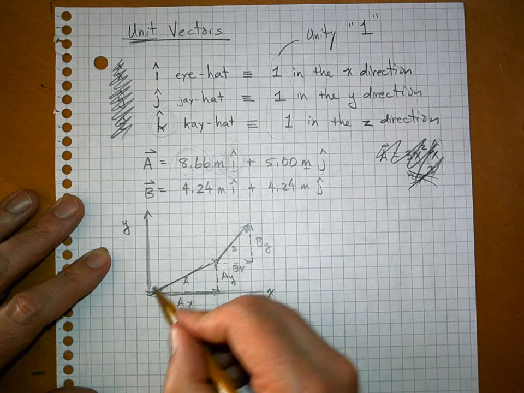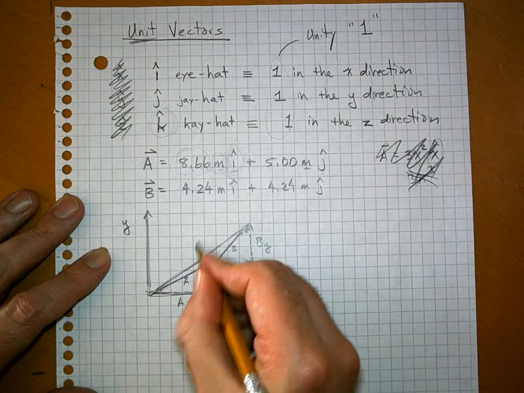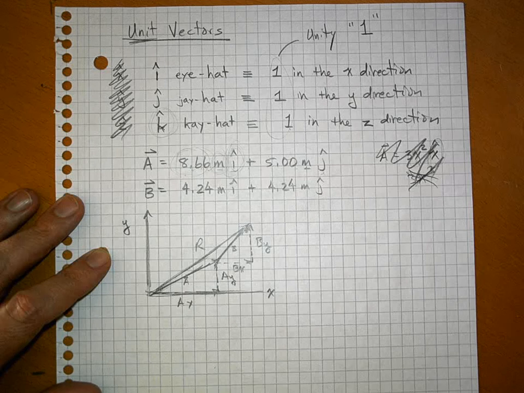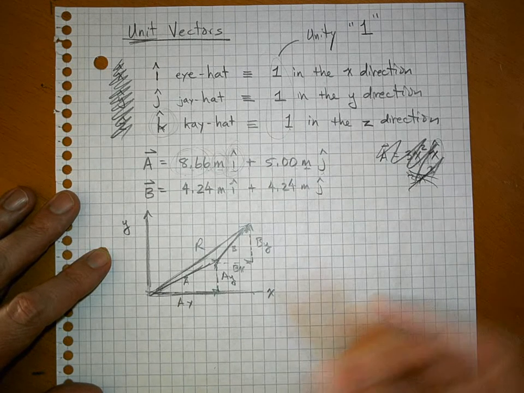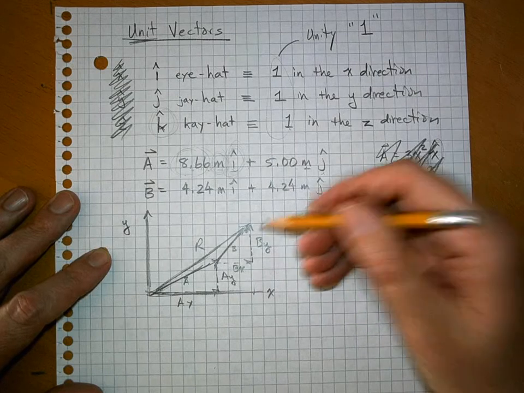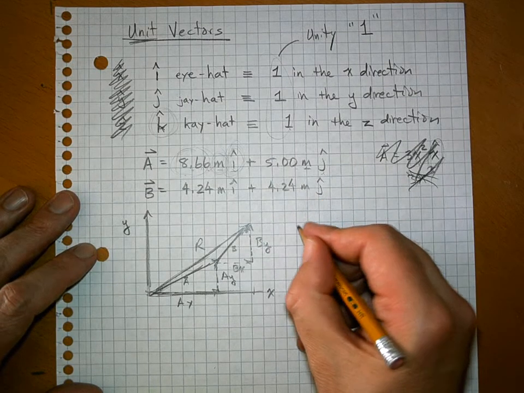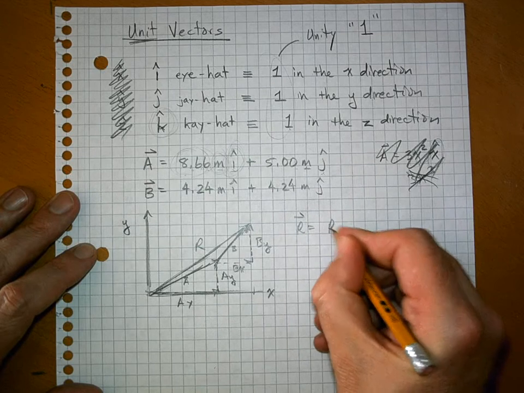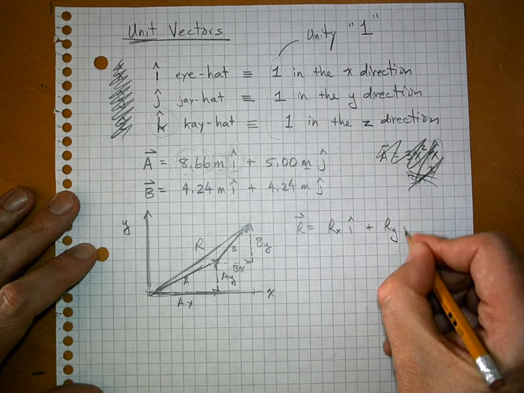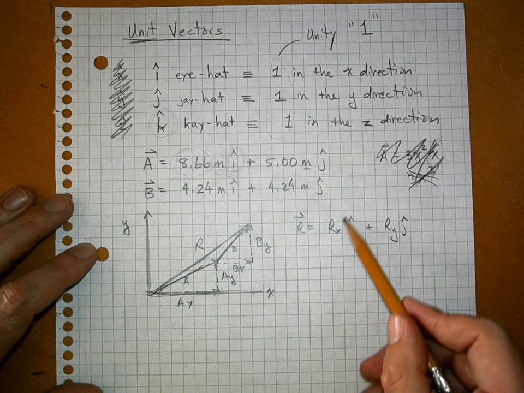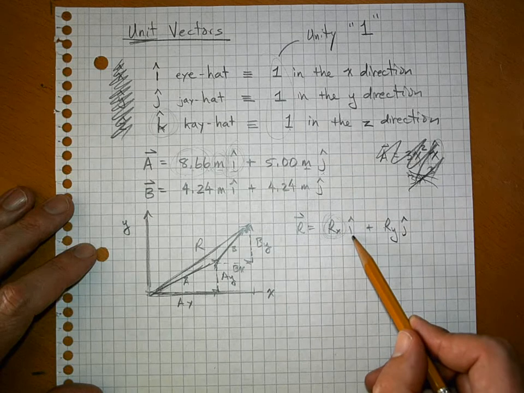Now here's vector R. We can also say that R has an x component and a y component. And notice, here's the value and units of my x component, and there's the direction, the unit vector that means direction.